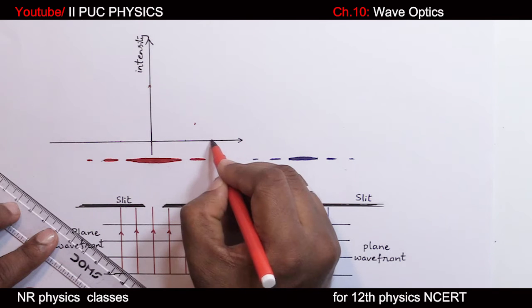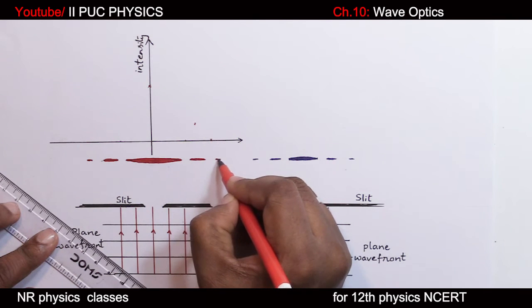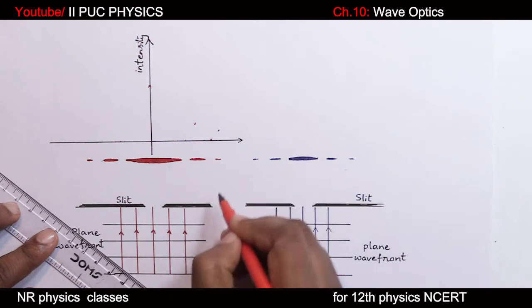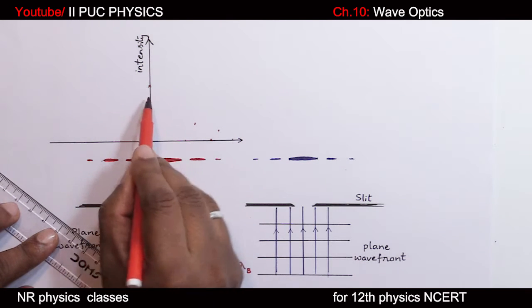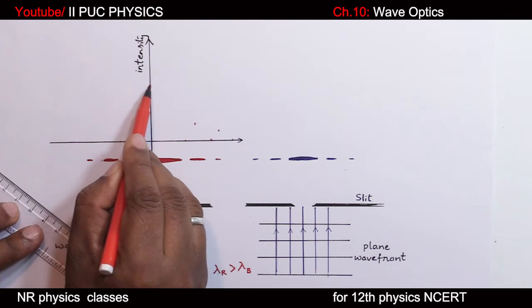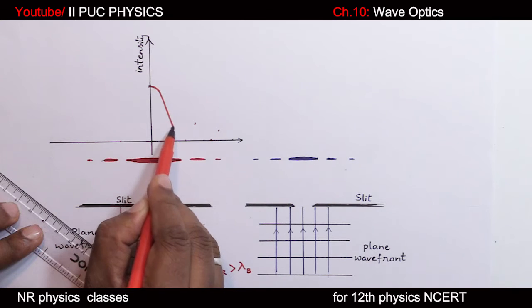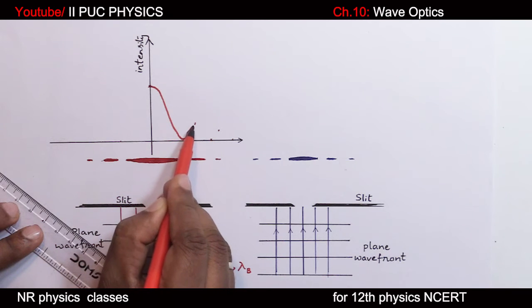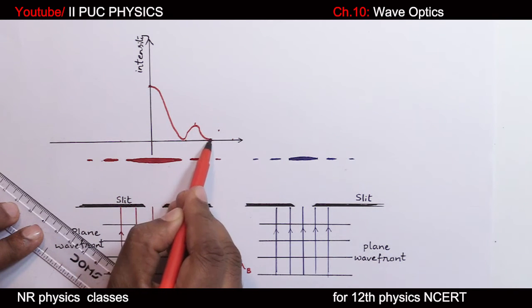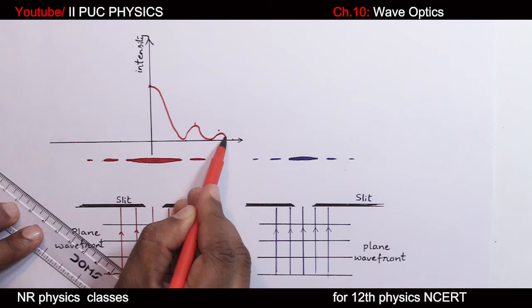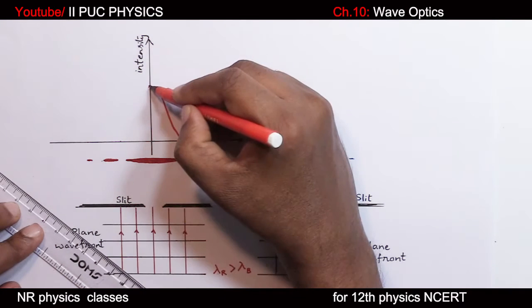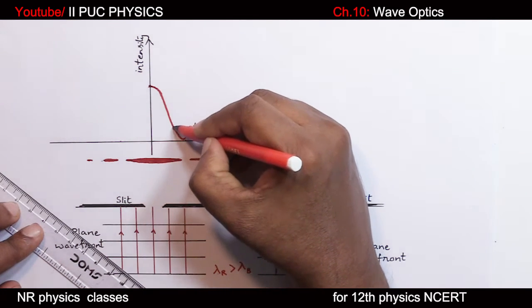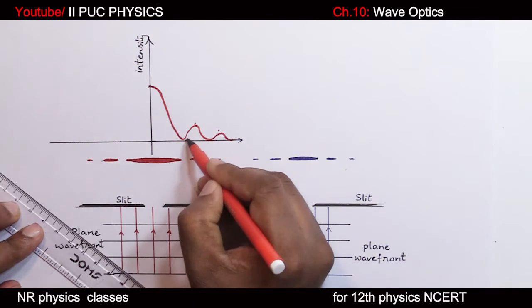Then minimum. There is a small band. Then minimum. Now let me draw the pattern. See, intensity decreases and becomes zero intensity.